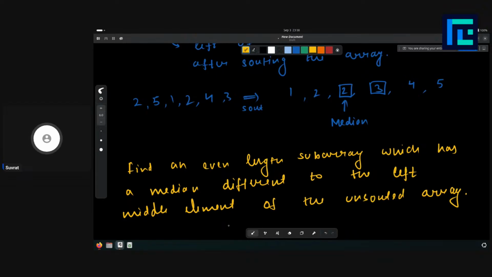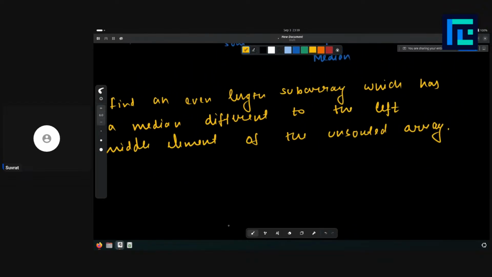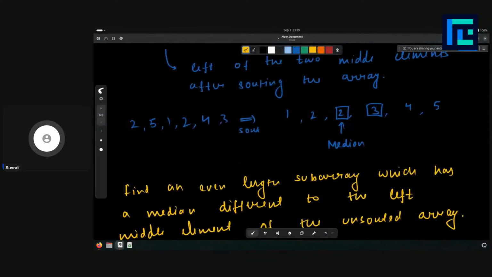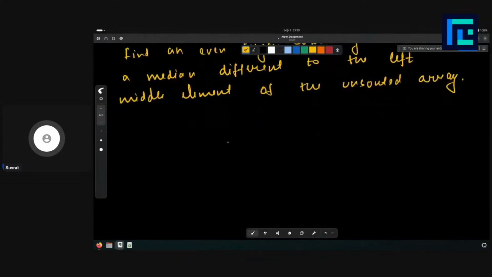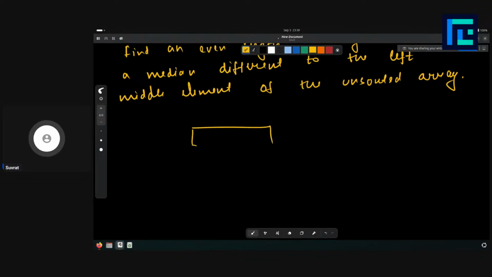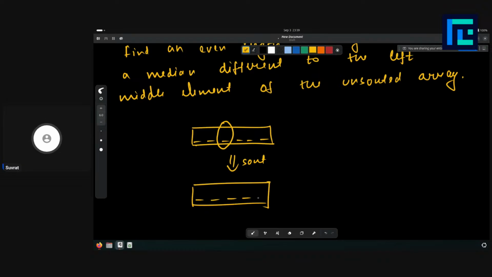So we need to find a subarray. Let's say that this is the subarray that we need to find. Let's say it has 6 elements. So this is the left middle element currently, and let's say that we sort it, and after sorting we get some elements, and now this is the new left middle element. So we need to find a subarray in which these two elements are not equal.